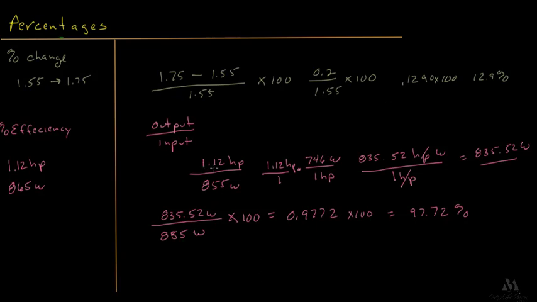We actually started out with 3 significant figures, so that is all we're going to need. And so we know that our final answer is 97.7%. So our motor is 97.7% efficient.